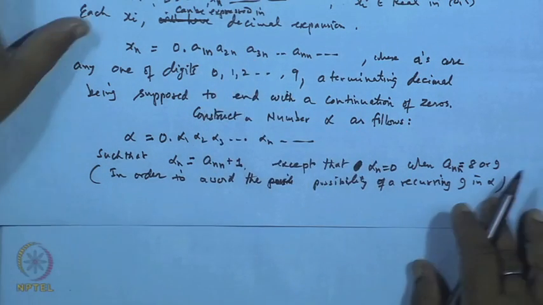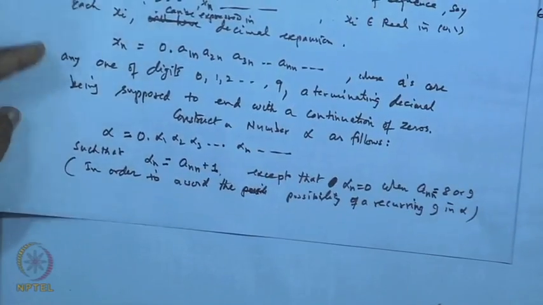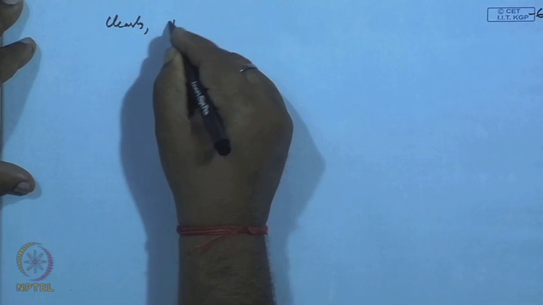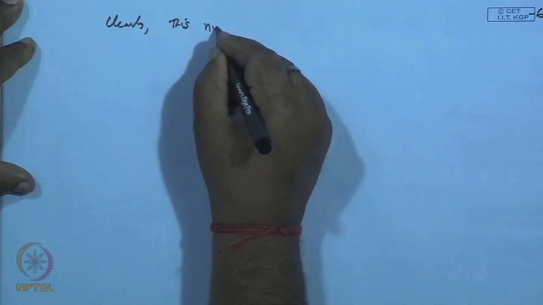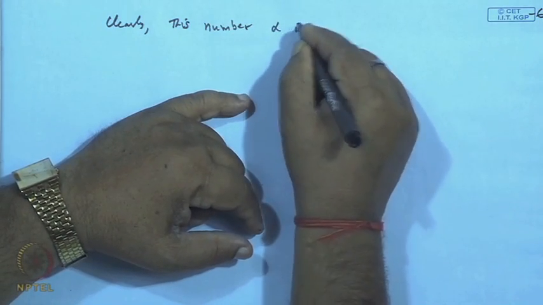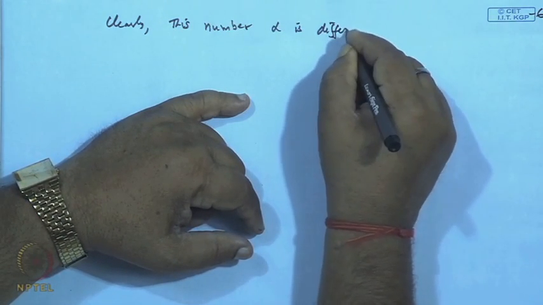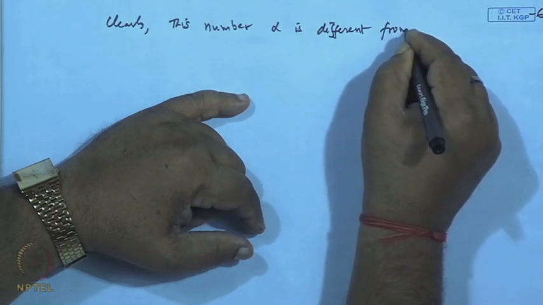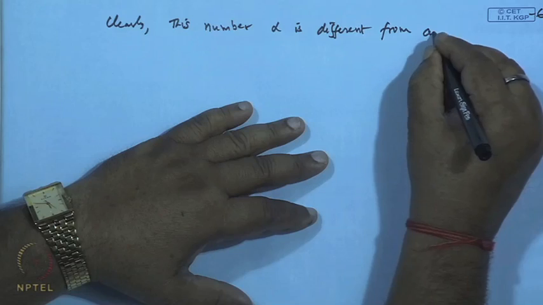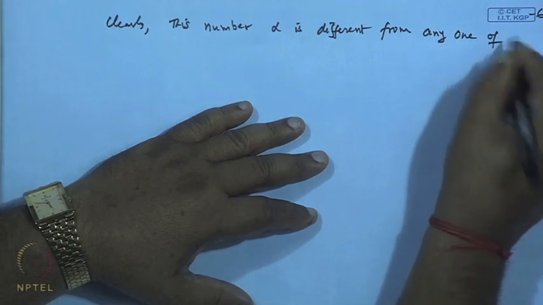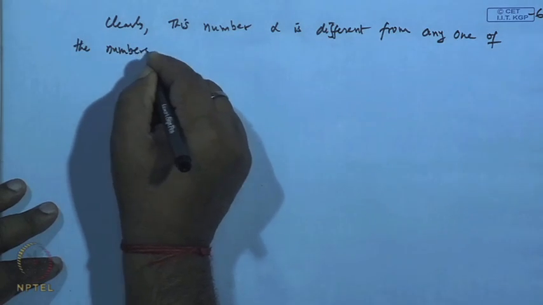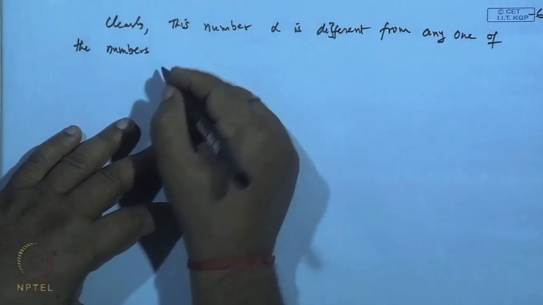So, clearly this number alpha is different from any one of the numbers x 1 to x n.